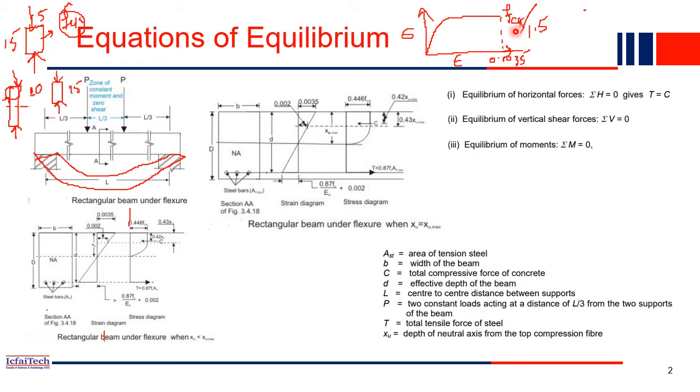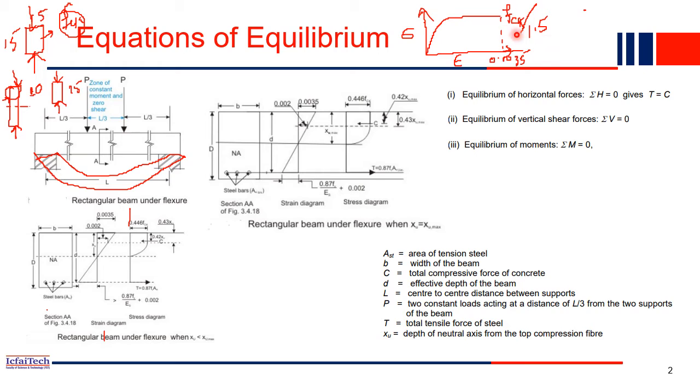Now, in the last lecture we discussed the 6 assumptions of limit state, right? In the assumptions, the partial safety factor for the concrete is 1.5 again. So whatever strength you get, you reduce it by 1.5 to be on the safer side.